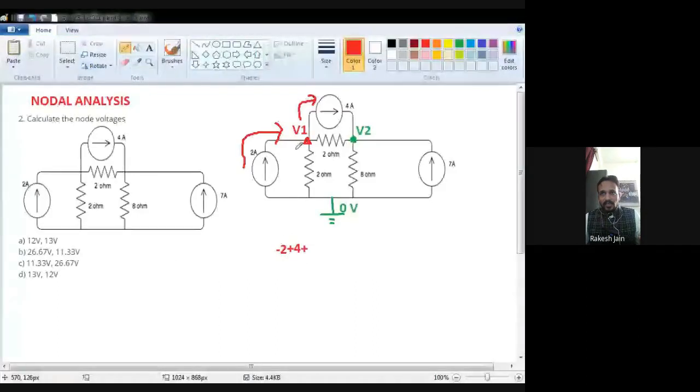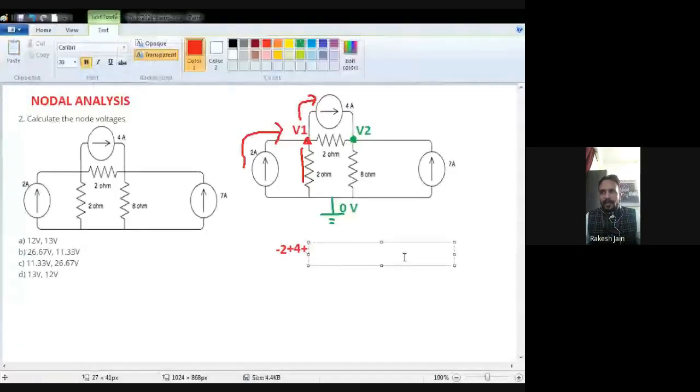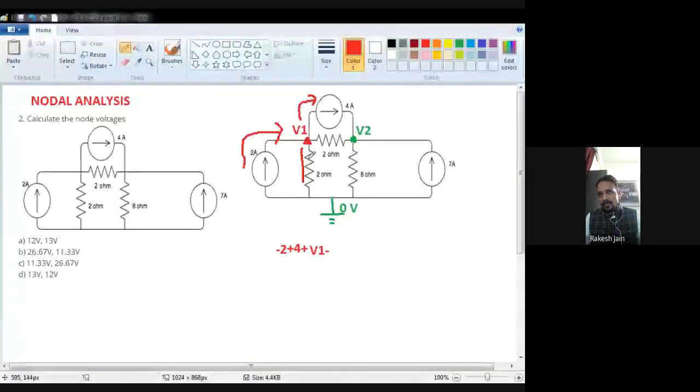Then at this node V1, one resistance is connected, that is 2 ohm. So I have to write down my node voltage. I am writing the equation for the V1 node, so I write this V1 with positive. It means V1. And the second point of that resistance with negative sign, whichever voltage it is connected with.